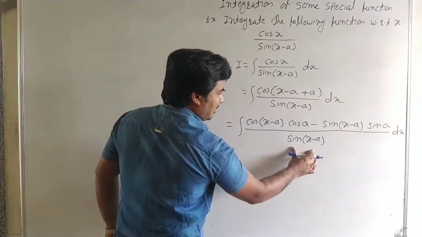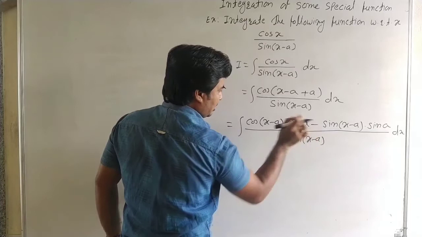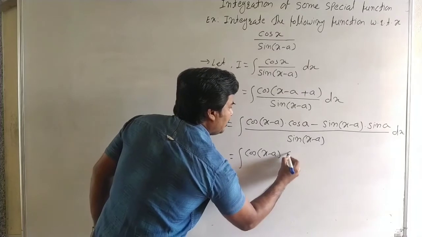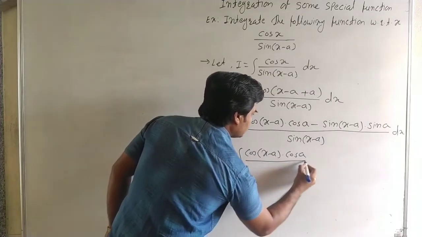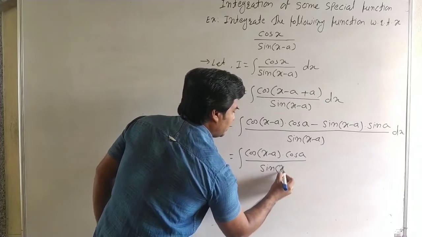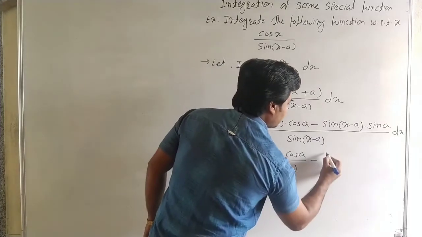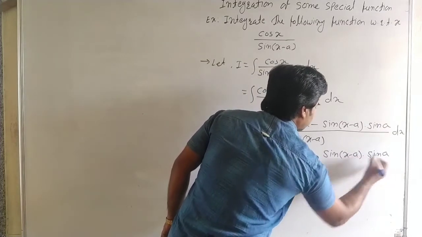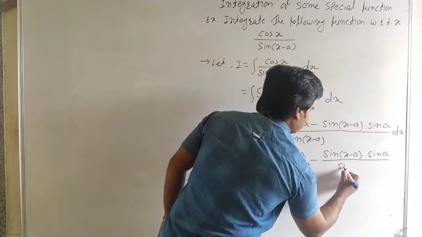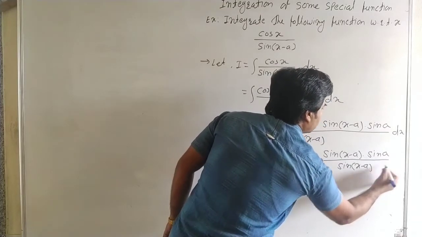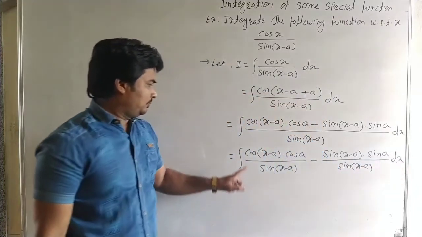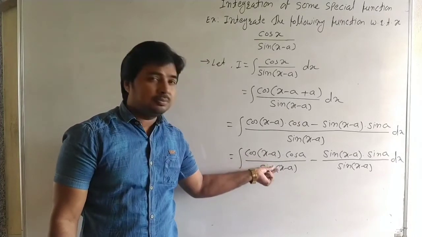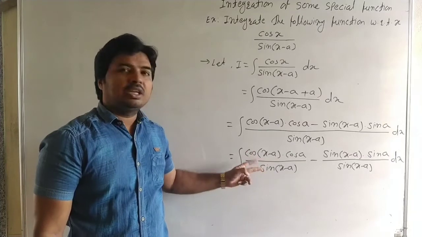Now separate both the terms because here it is a minus. Cos of x minus a into cos a upon sin x minus a, minus sin of x minus a into sin a upon sin x minus a, with respect to x. Now here it is cos and it is sin, but it is cos of x minus a and sin of x minus a, the angle is the same, so it is cos upon sin, we can write cot.